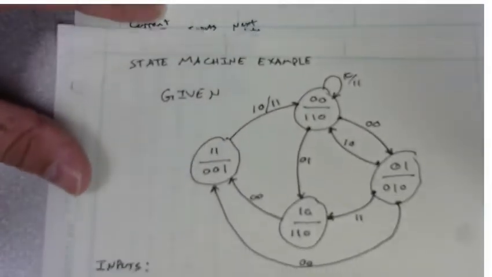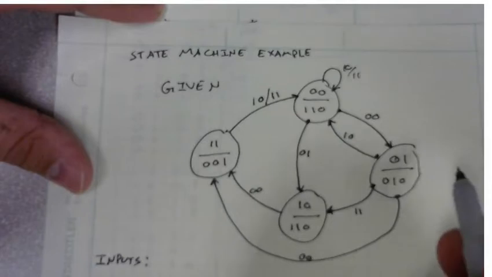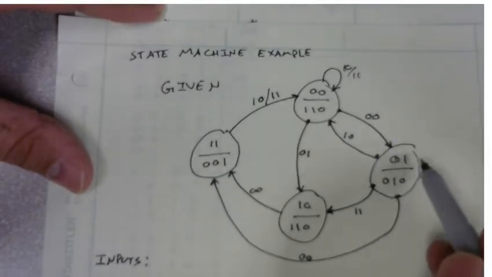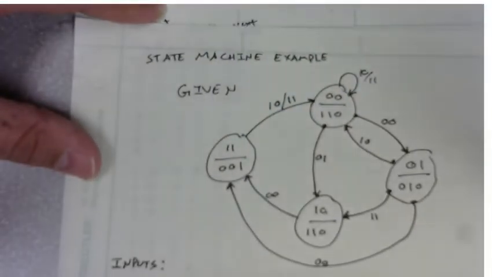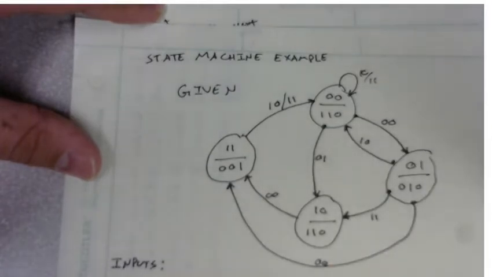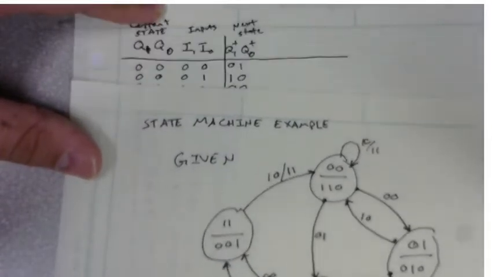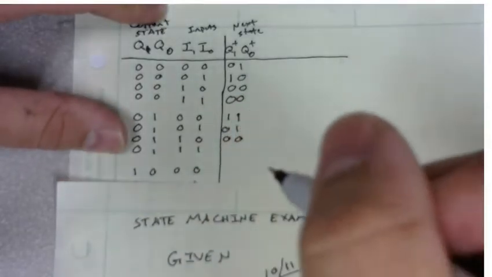And then for input 0, 1, it looks like I am staying in state 0, 1. And then here it says, if I got a 1, 0, I'm going to 0, 0, and 1, 1, I'm going to state 1, 0.